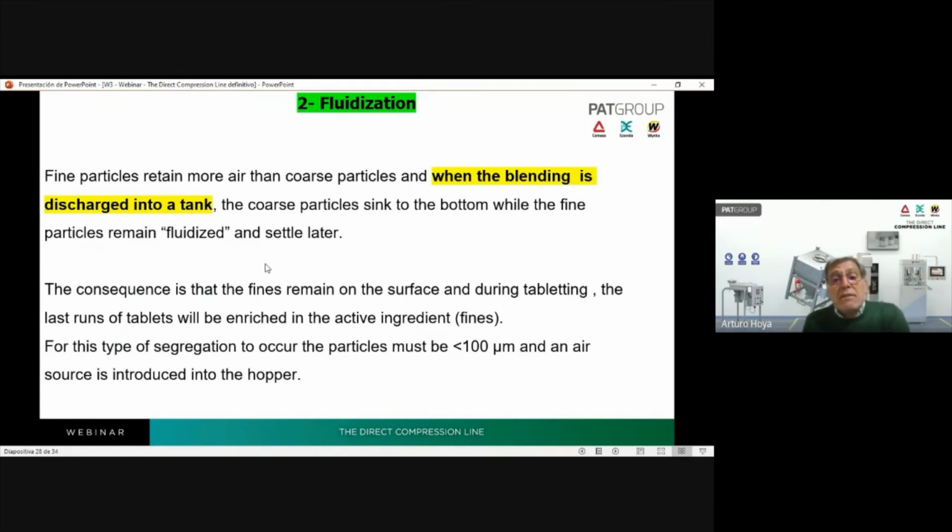The consequence is that the fines remain on the surface, and during tableting, the last tablets will be rich in active ingredient, opposed to the previous segregation. For this type of segregation to occur, the particles must be less than 100 microns, and an air source is introduced into the hopper.